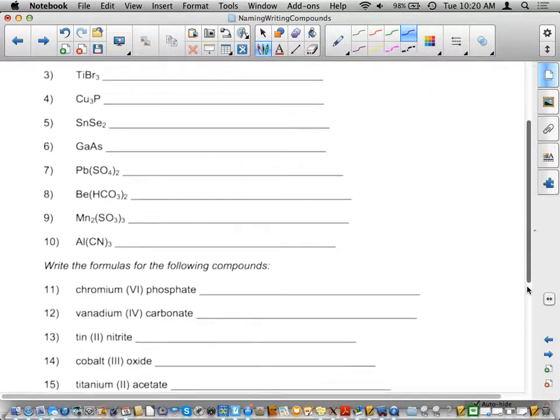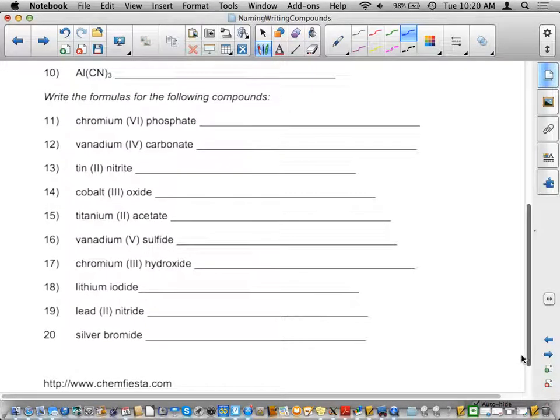All right, let's go down here to number 11 and 12. Okay, chromium is Cr. What Roman numeral is that? 6. That is 6. Phosphate.